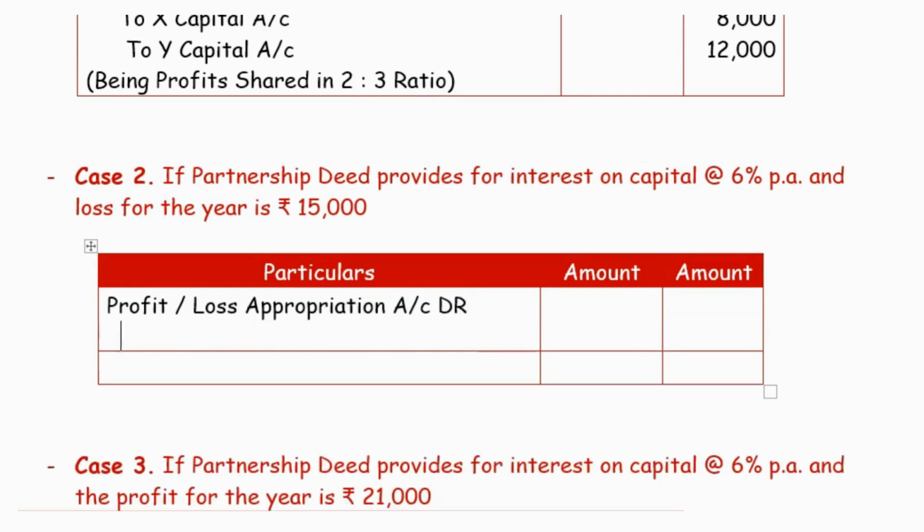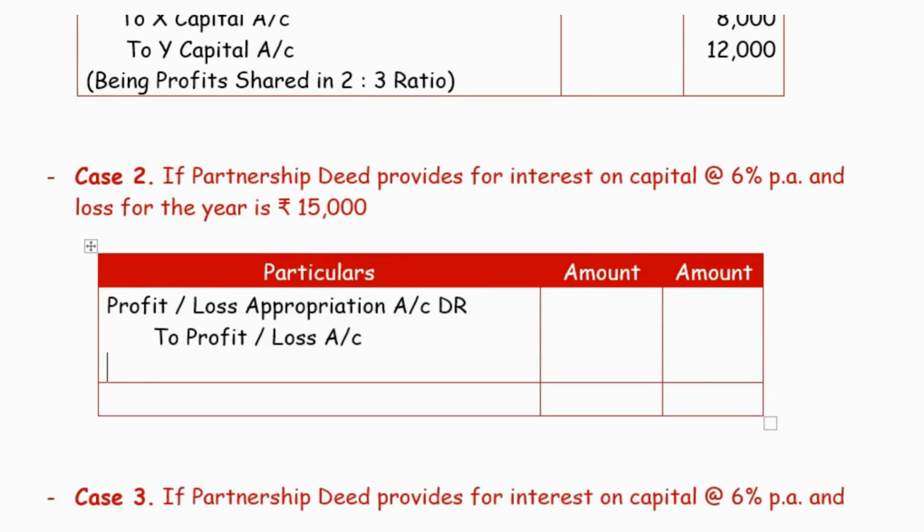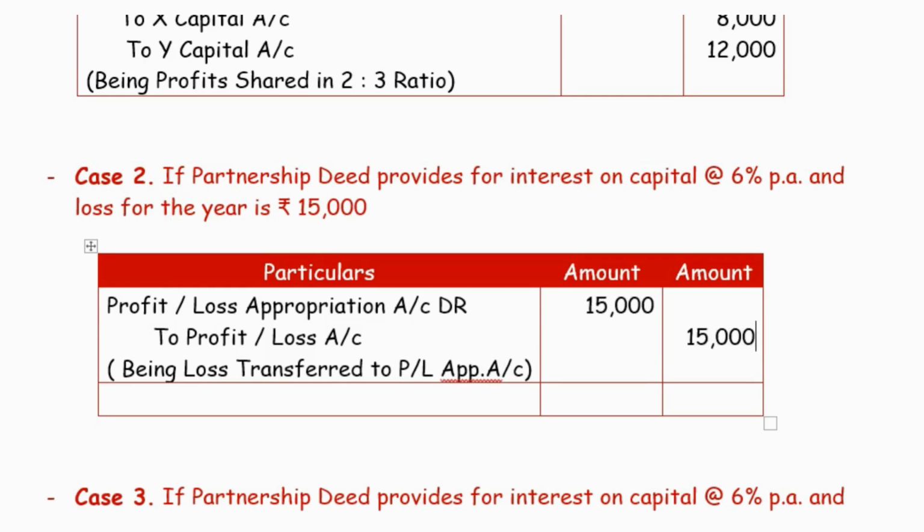That is, the P&L appropriation account would be debited from the profit or loss account, being loss transferred to P&L appropriation account. That is 15,000 and 15,000.